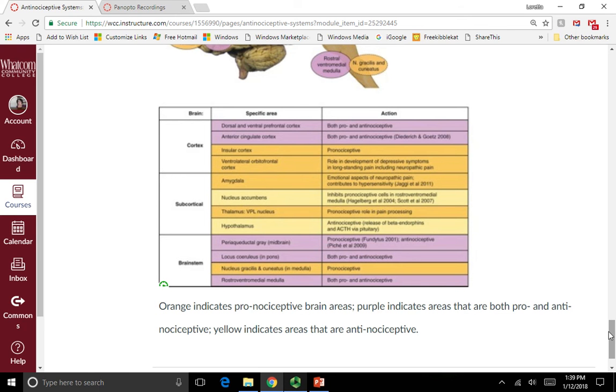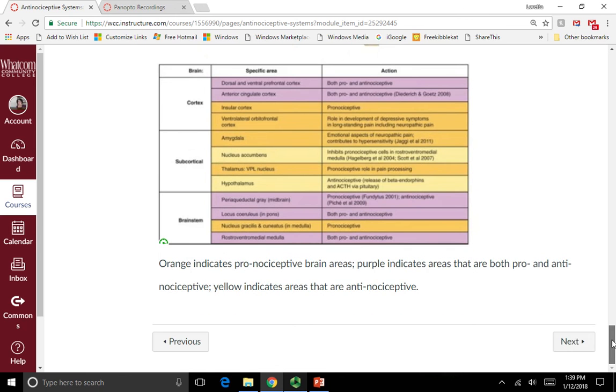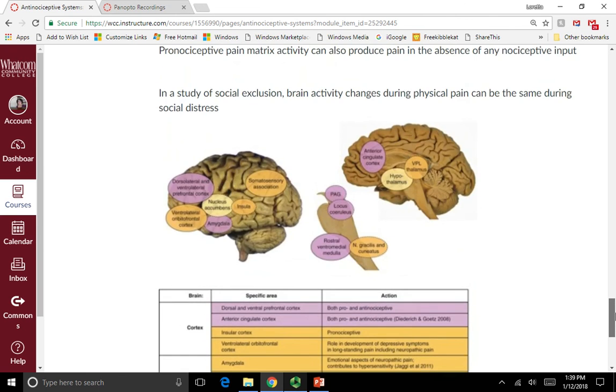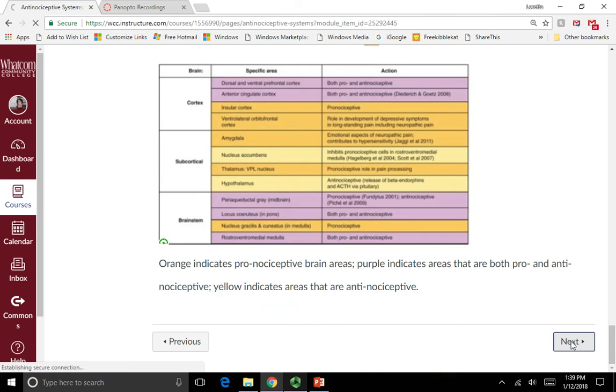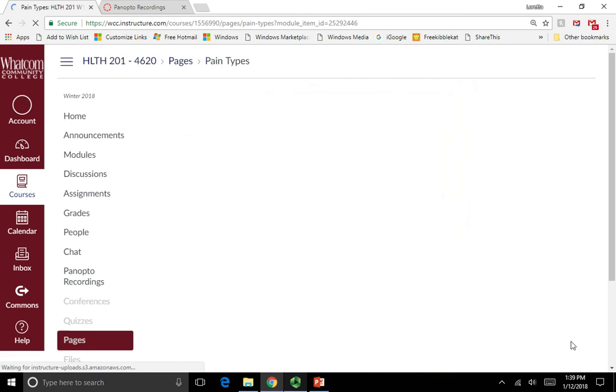So just know that some areas can do both, some areas can do one or the other, and it's all mixed up with what's going on in our body. So really very, very amazing systems here. Very interesting stuff that's going on with pro-nociception and anti-nociception.